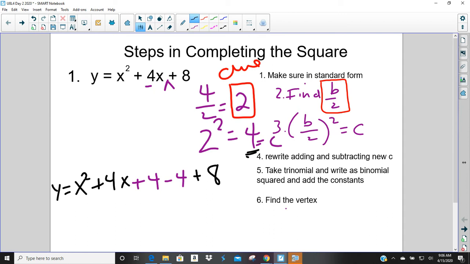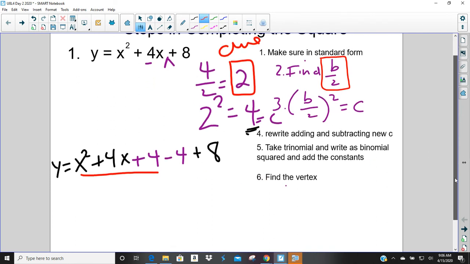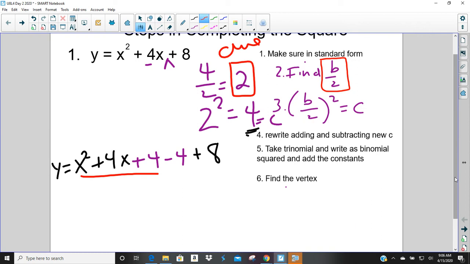That's step number 4. Now what I'm going to do is take my trinomial, which is now a perfect square trinomial. That's what Garrett did yesterday in the video. So I'm going to take my perfect square trinomial, and I'm going to make it into a binomial squared. How am I going to do that?